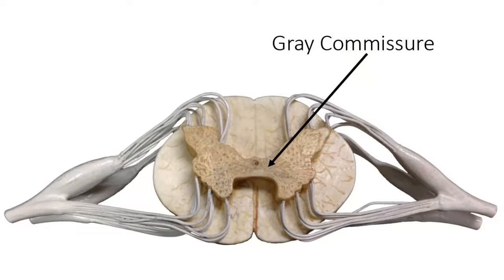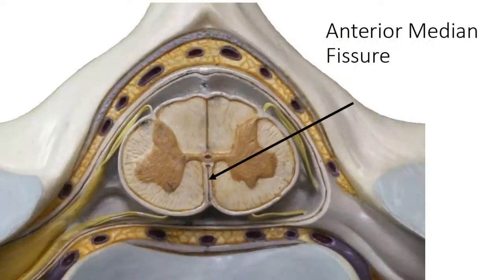Then we've got a couple other structures that I want to point out to you folks. In the front here, you can see this indentation, and that's going to be the anterior median fissure.